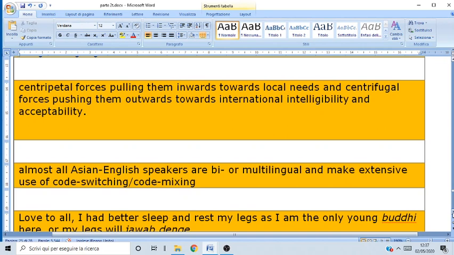But at the same time, there's also another force that is pushing them outwards, meaning forces that make them feel like they should go towards international intelligibility.